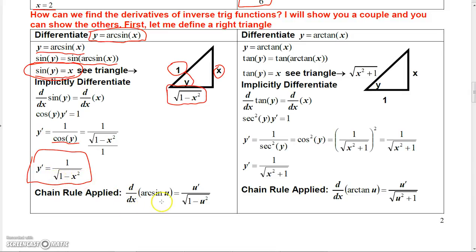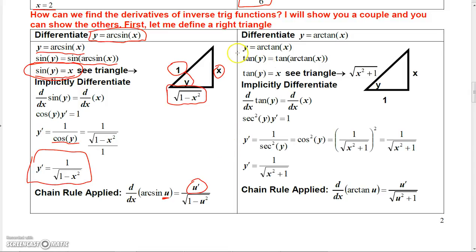Now, if the argument was a function of x rather than just x, then you would still get this as the derivative, but in the form of u, you'd have 1 over the square root of 1 minus u squared, but then you would have to multiply by u prime because you have to invoke the chain rule.